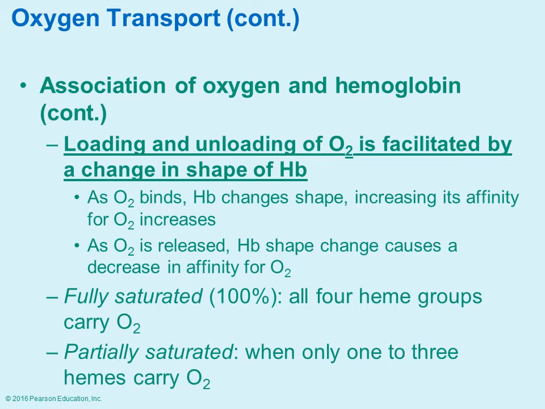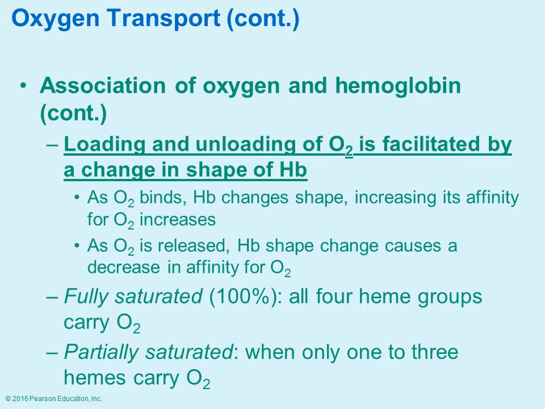So when we talk about loading or unloading of oxygen, we're simply talking about attaching that oxygen to the hemoglobin and then taking it off later. Remember, whenever you have 2 items bind, in this case oxygen to the hemoglobin, there's always going to be a shape change. And whenever you take something off of another substance, there's going to be a shape change.